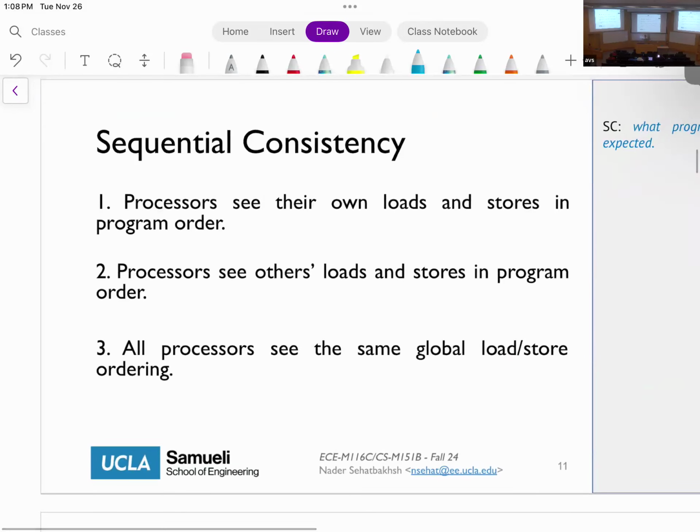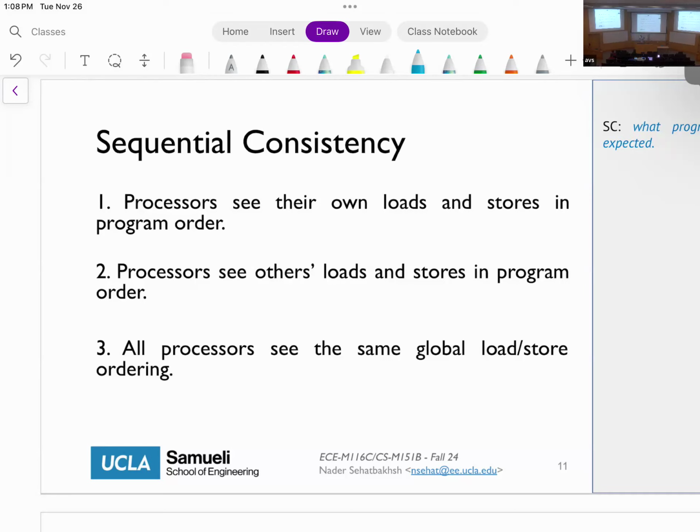The gold standard memory model is what we call sequential consistency. Sequential consistency basically tells you that you're not allowed to reorder anything. Essentially, sequential consistency will give you three things. The first is that processors will see their own loads and stores in program order. Number two is that a processor sees others' loads and stores in program order.